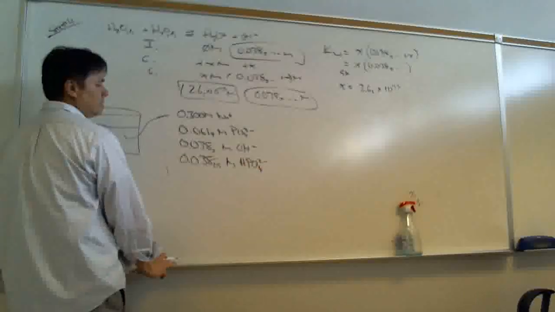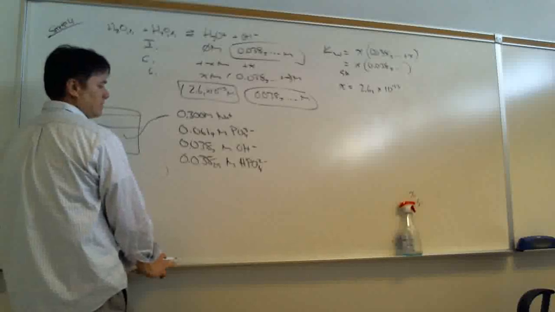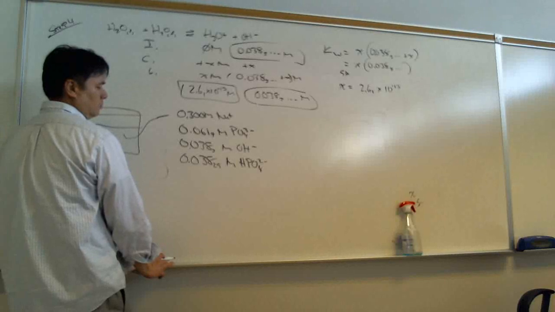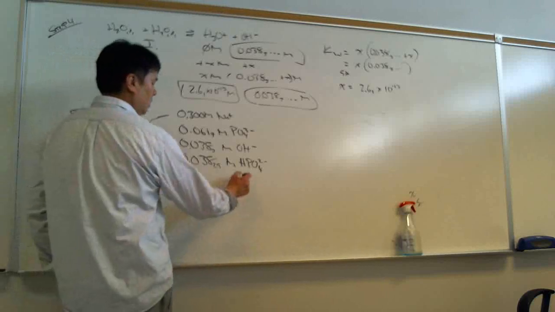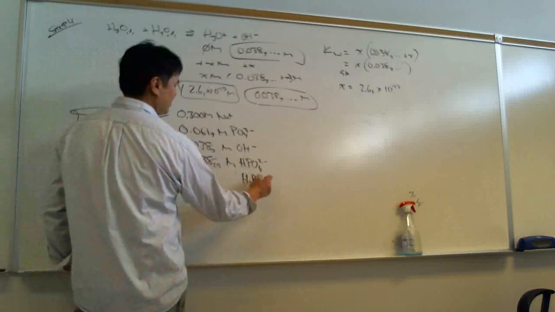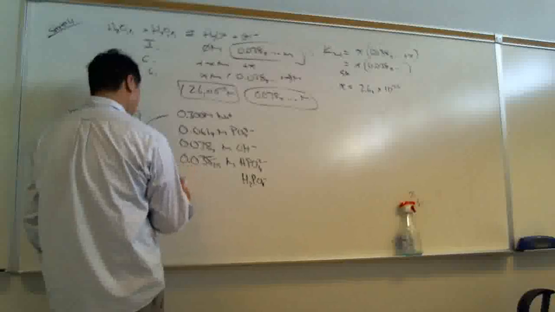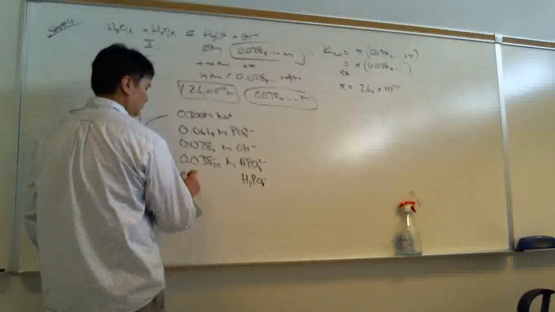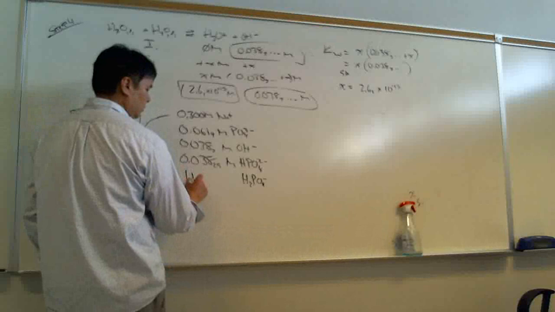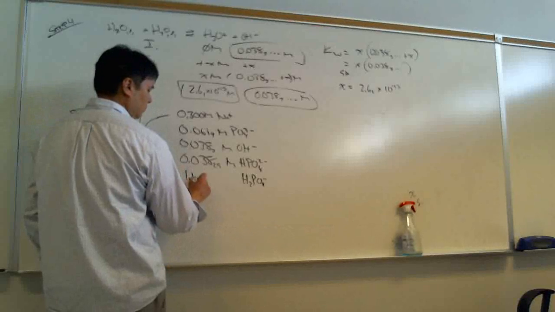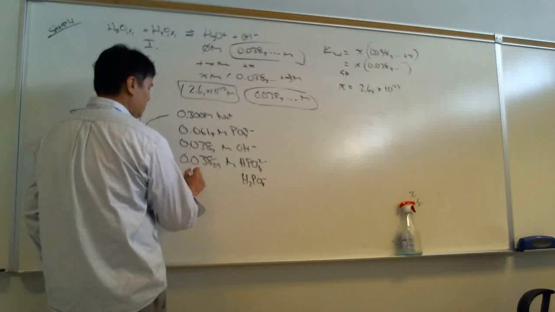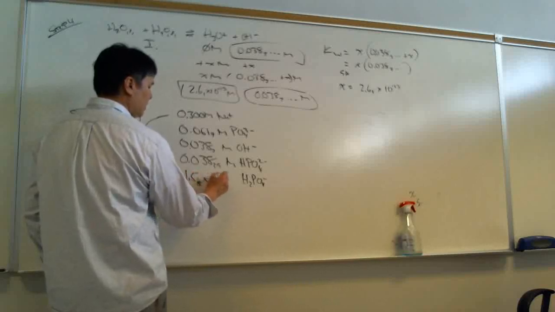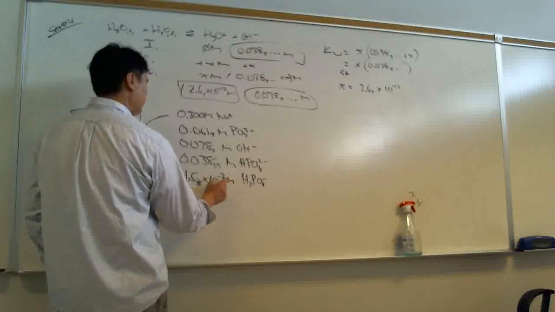Followed by H2PO4 minus, how much? 1.18, did you say? 1.58. 1.58 times 10 to the minus 7 molar.